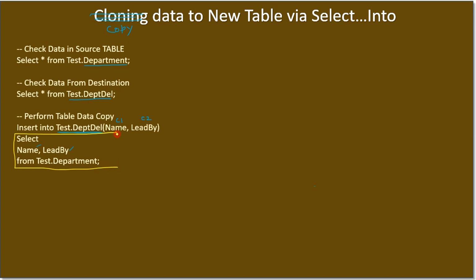But instead of supplying the values manually, like ABC comma KYC, as we do with insert into test.department columns and a values list, here I'm saying the values are coming from an existing table: select name, led by from test.department.